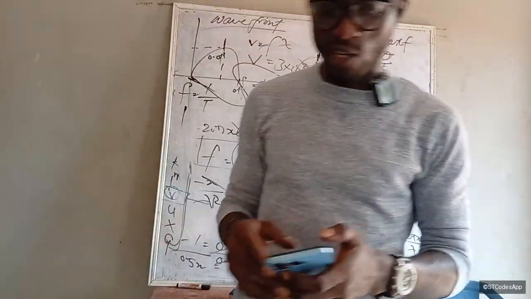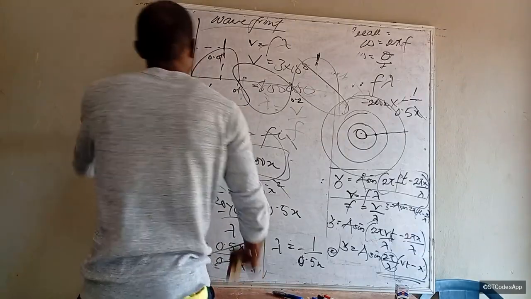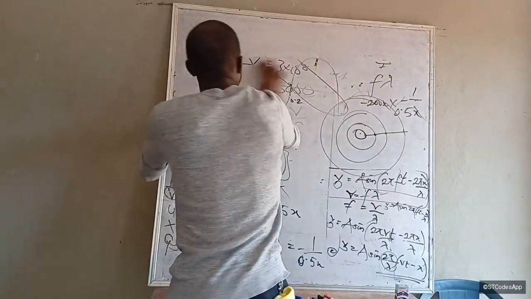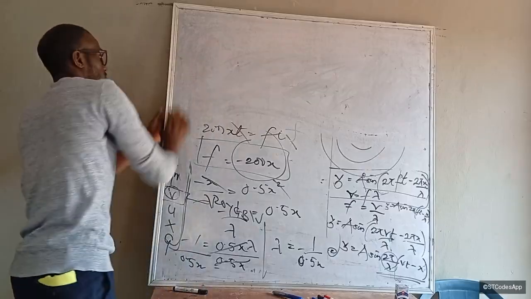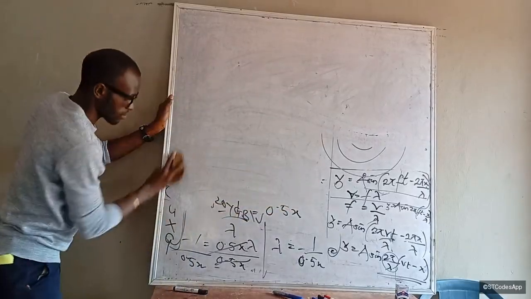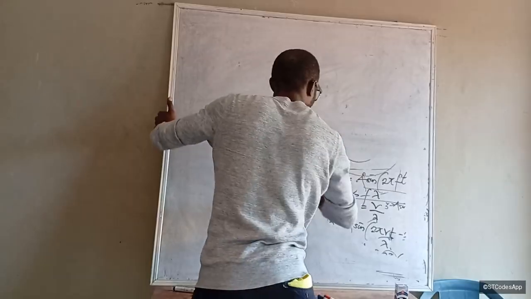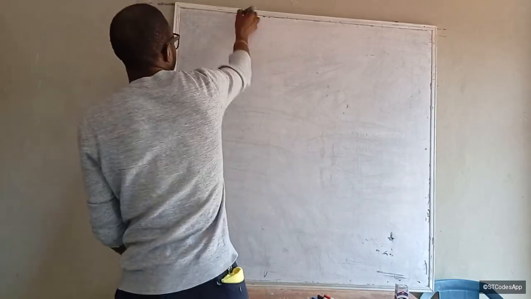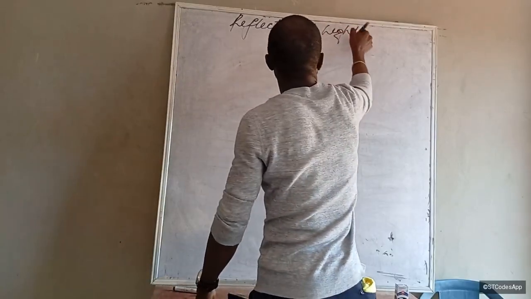Now let's go to reflection of light. Right, let's start. In order to understand reflection, we have to first treat what light is. Reflection is the change in direction of light waves when it strikes an obstacle.